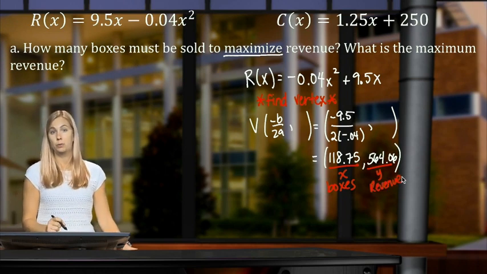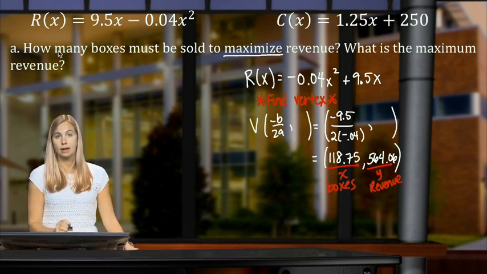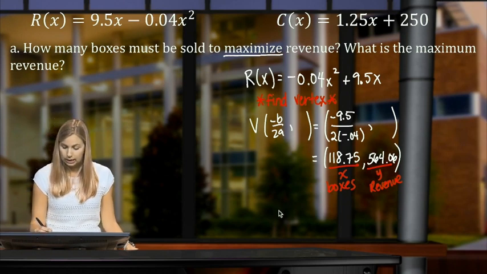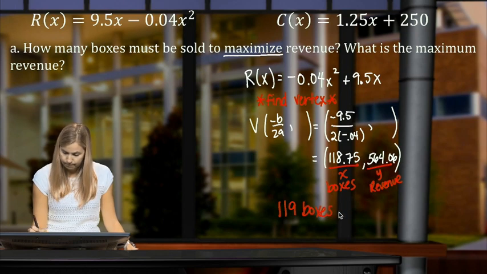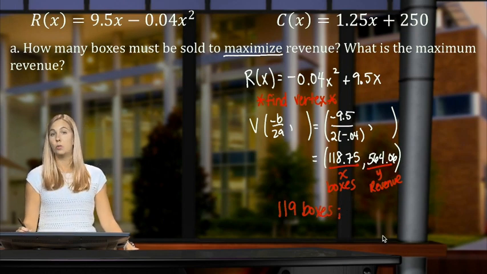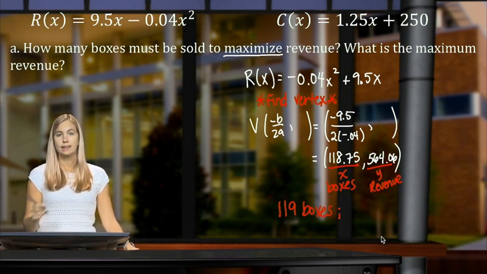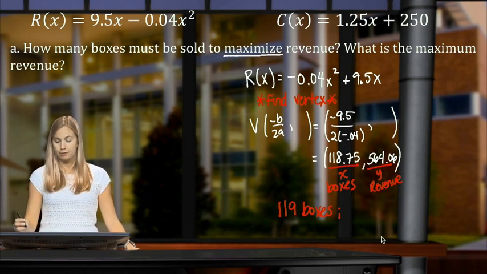So if I'm answering my questions, the first one asks how many boxes must be sold to maximize revenue. Well, I can't sell a fraction of a box, so I need to sell 119 boxes. And then what is the maximum revenue? That's going to be given by our y value of the vertex.